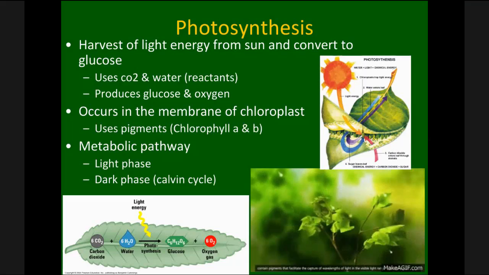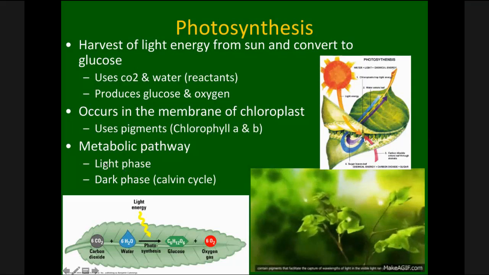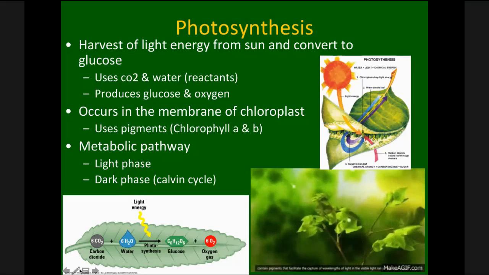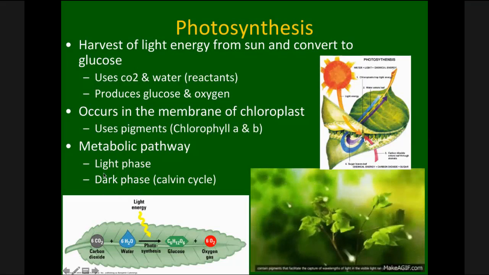We're going to group them into 2 major categories of reactions, what we call the light phase and the dark phase of reactions. The light phase is going to be where you're harvesting sunlight energy, and the dark phase is going to be where you're synthesizing sugars. The dark phase we'll sometimes call light independent phase, which I'll talk a little bit more about in a second.